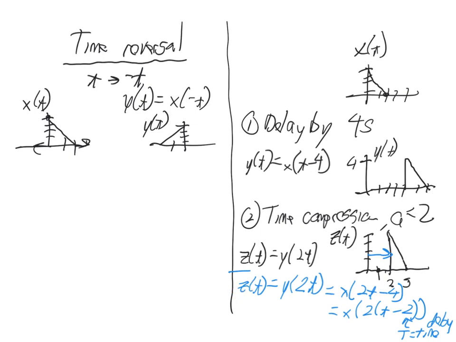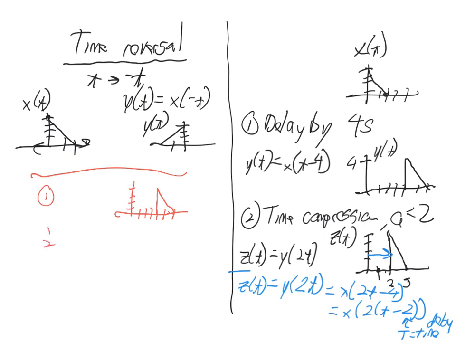I can combine this all with time reversal. So if I made the a here -2 instead of 2, then I would have also time reversed it. So let's do that example. If I first delayed, I would have something coming on at 4 and off at 6 with a height of 4.